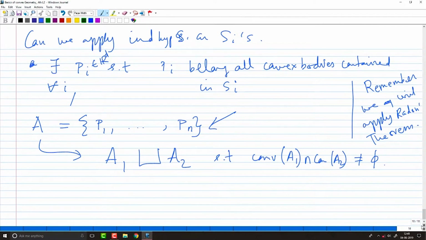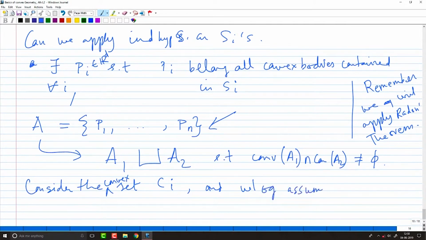Okay. So, now consider the convex set Ci. And without loss of generality, assume Pi belongs to A1.